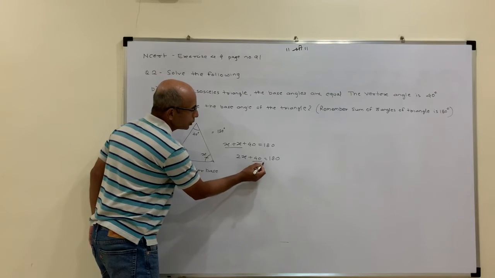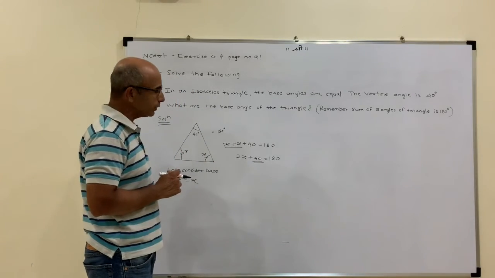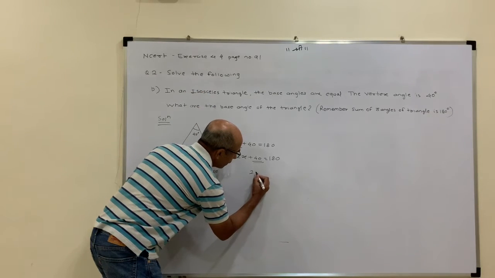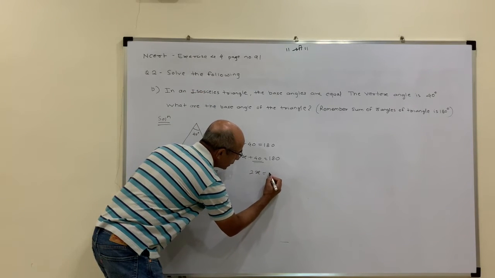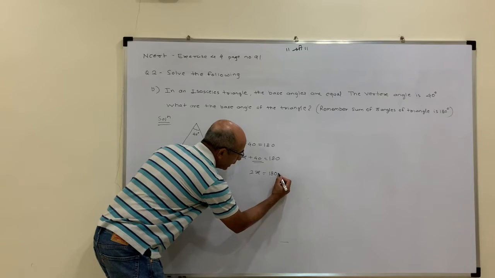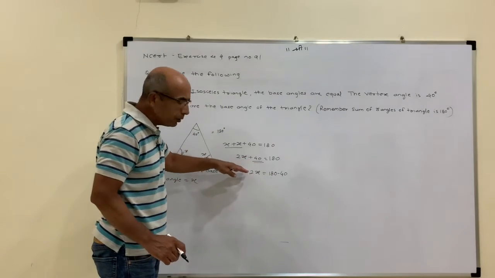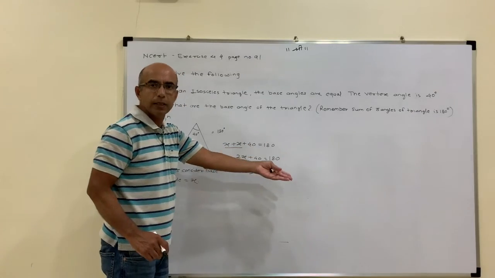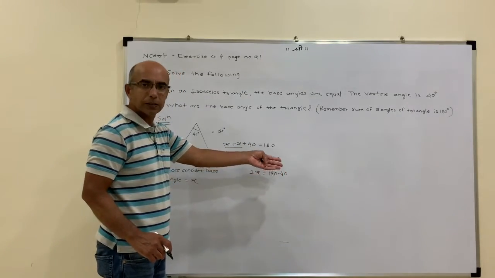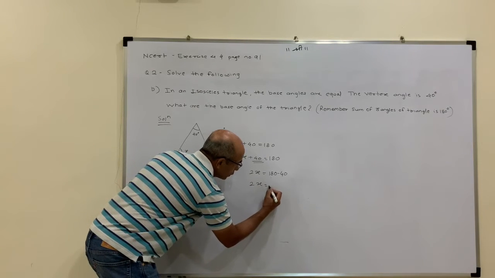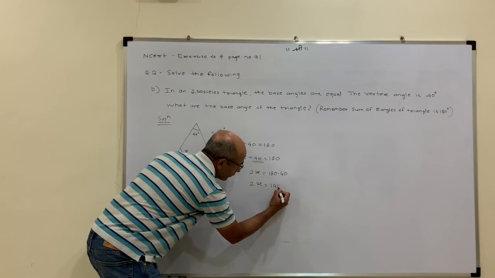Now we'll transpose this plus 40 from the left hand side to the right hand side. So my equation will be 2x equals 180 minus 40. Since 40 was added on the left hand side, when we transpose it becomes subtracted. So my next step will be 2x equals 140.